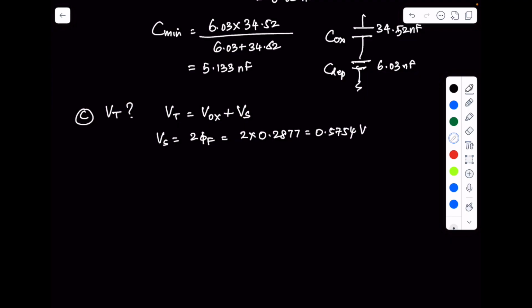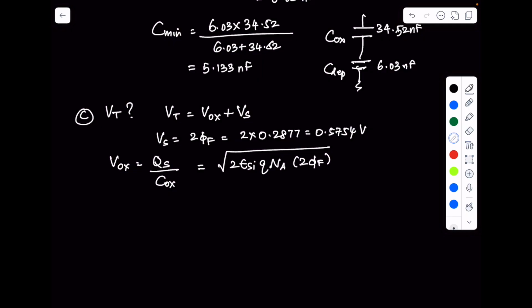So that's your voltage drop in the semiconductor. The voltage drop in the oxide is nothing but the charge created across the oxide divided by the capacitance. So Vox is nothing but Qs by Cox, right? Which is nothing but square root of 2 epsilon Q Na into 2 phi f. So this is the net charge divided by Cox.